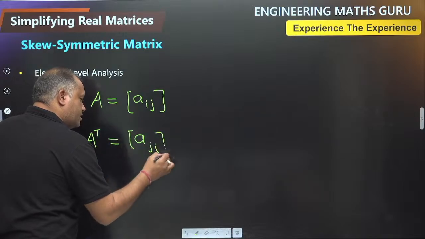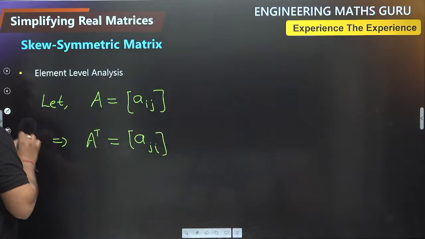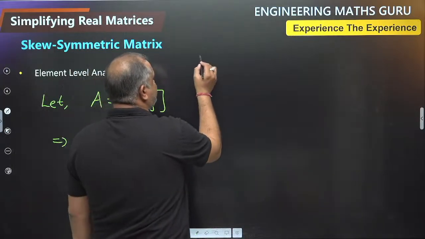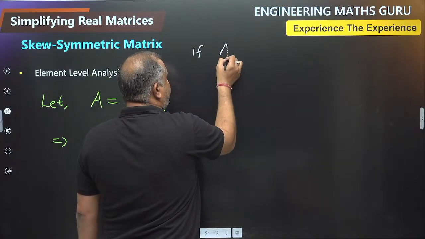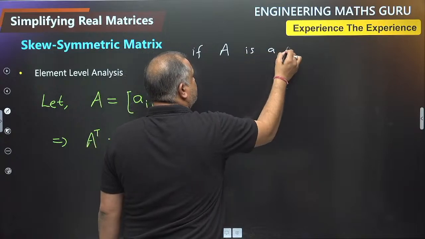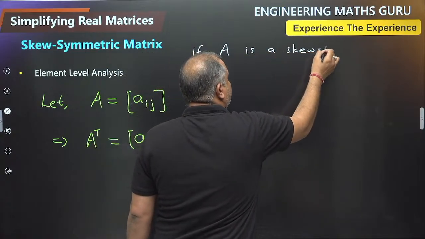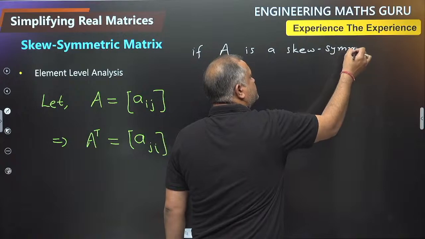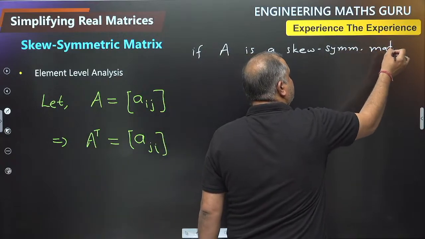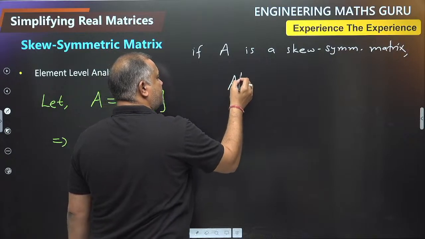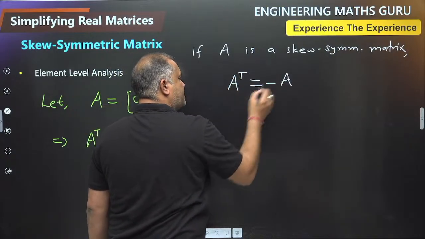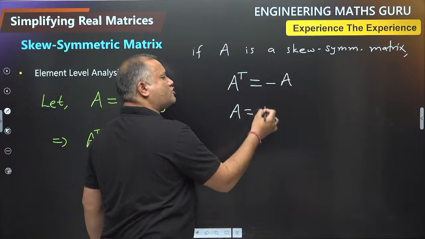Very good. Now, what is the condition for a skew symmetric matrix? If A is a skew symmetric matrix, then A transpose equal to minus A. I can also write this as A equal to minus A transpose.